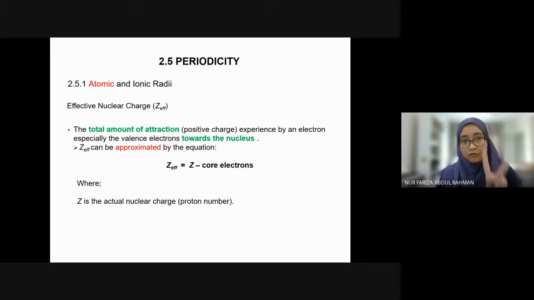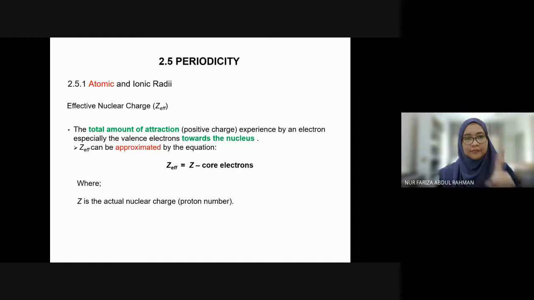There are two main factors that determine the size, the ionization energy, electron affinity, and electronegativity. We are going to discuss that first, and only then go for the trend, the trend for the atomic radii and whatnot.